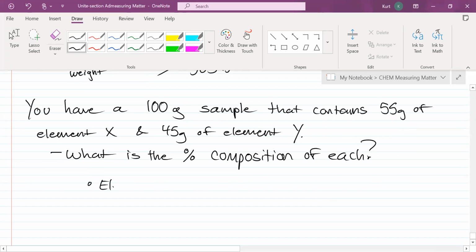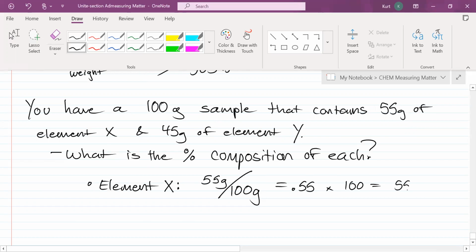Oh, since it's 100, it's going to be 55. Yeah, there's a reason I chose 100. It's going to be simple. So for element X, you're going to do 55 grams divided by 100 grams. Nick, what is 55 divided by 100? It's 0.55. You multiply that by 100, and that will get you 55%.